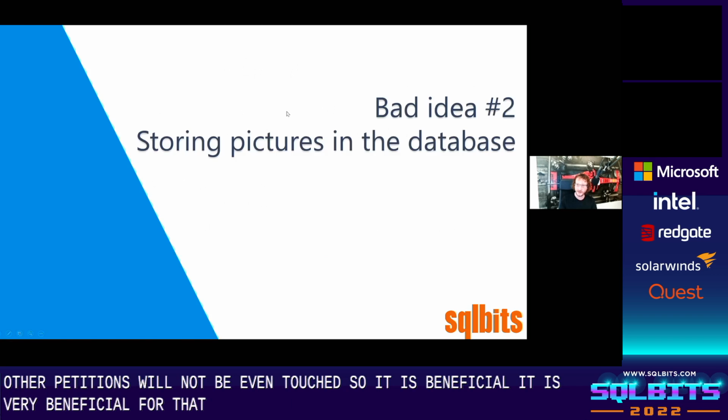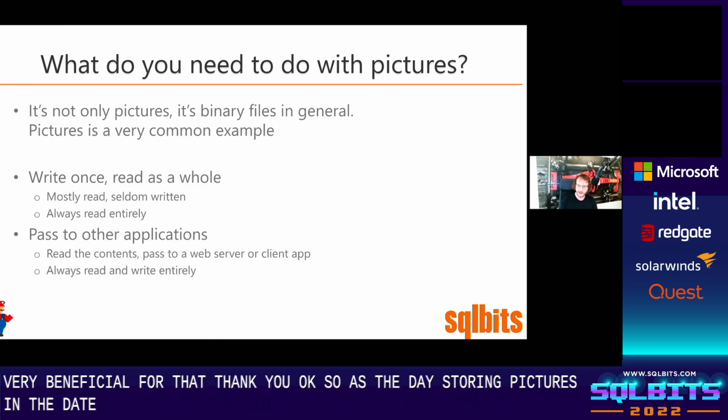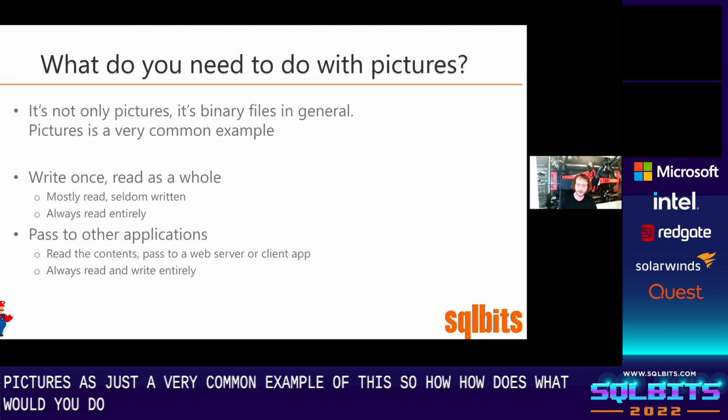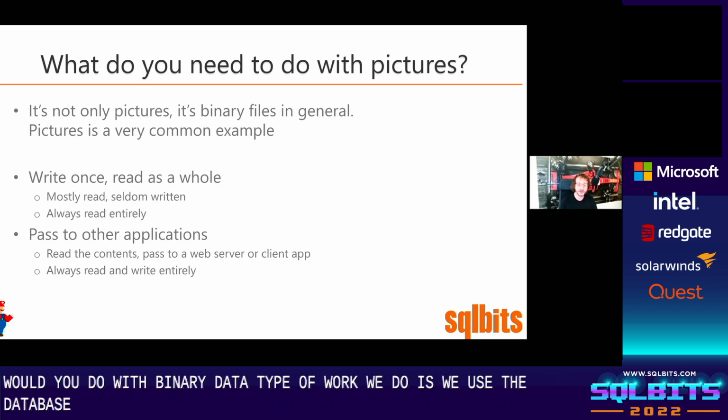Thank you. Okay, so second bad idea of the day, storing pictures in the database. Well, actually, it's not only pictures, it's binary data in general. Pictures are just a very common example of this. So how does it work? What do we do with binary data? We use the database as simple storage for this binary data.